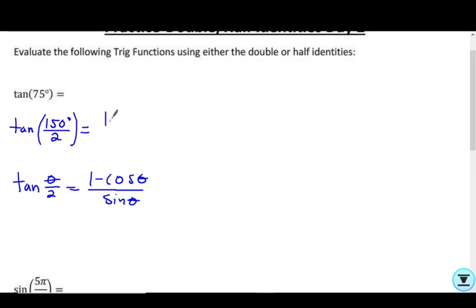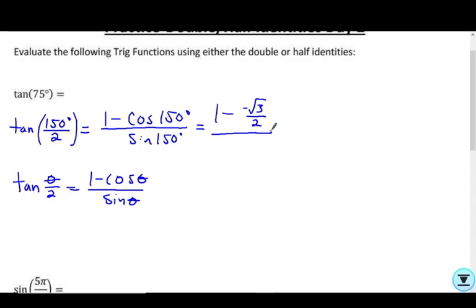So this is 1 minus cosine of 150 degrees over sine 150 degrees. So that's going to be 1 minus cosine at 150 degrees, that's negative root 3 over 2, over sine at 150 degrees, which is positive 1/2.